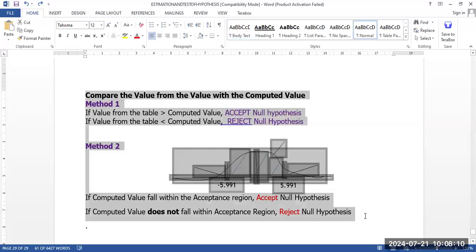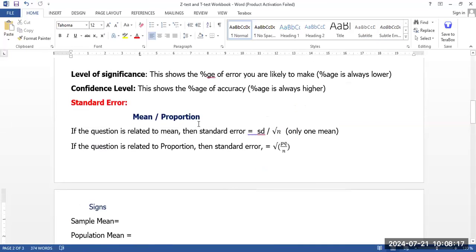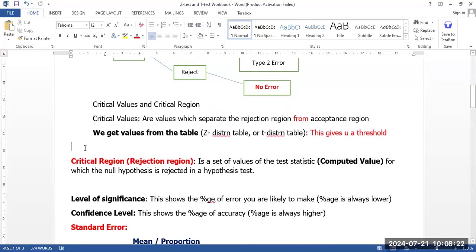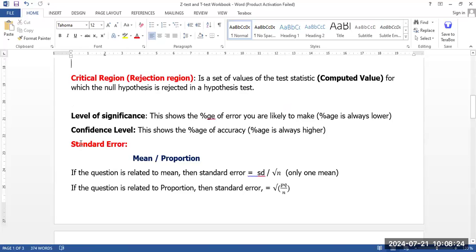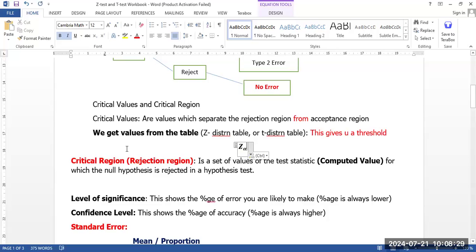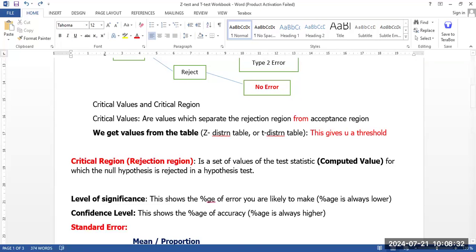Let me just have this information in this document. And I can press it. Let me press it here. Which screen are you seeing? Critical region.